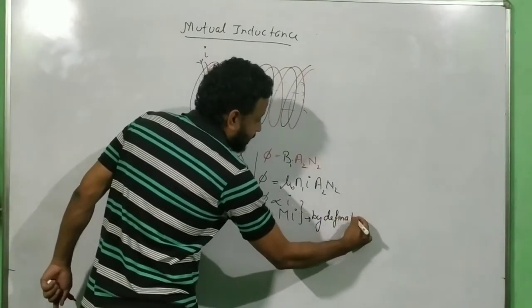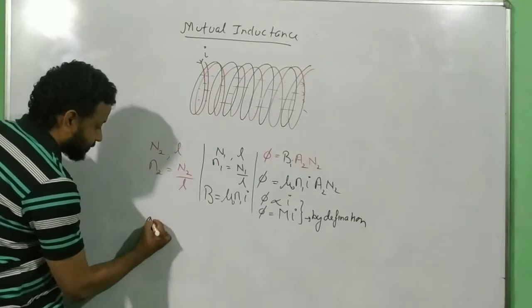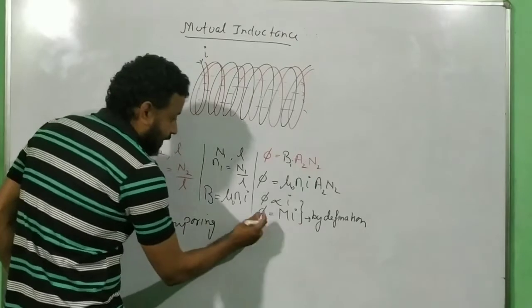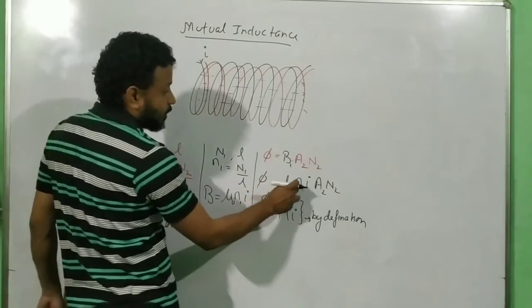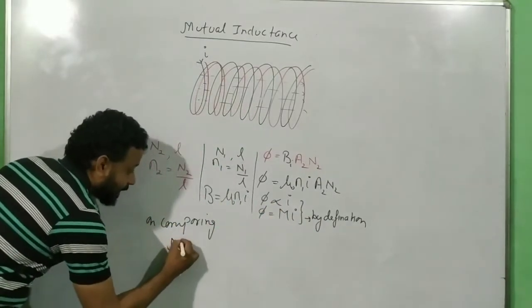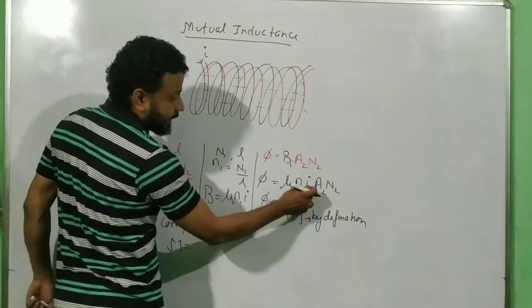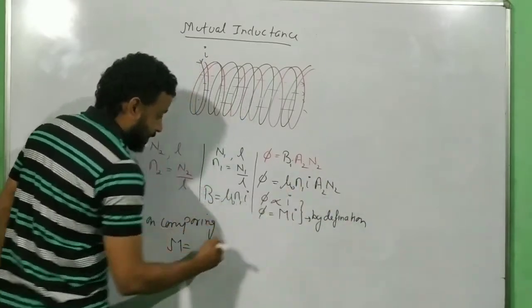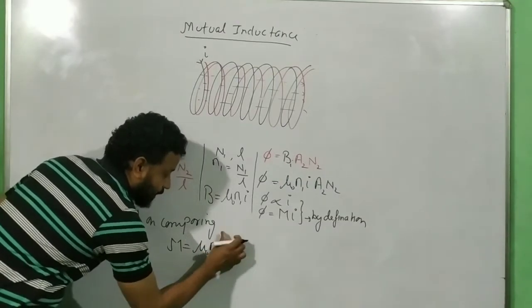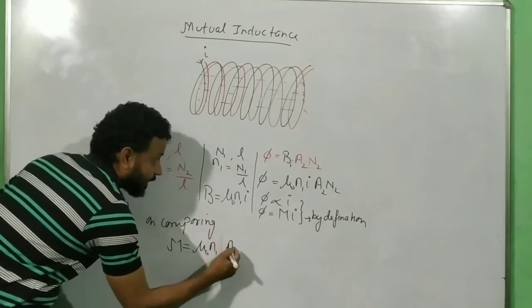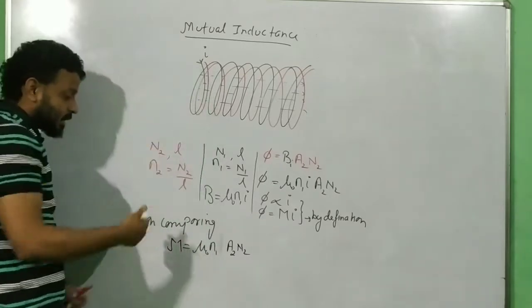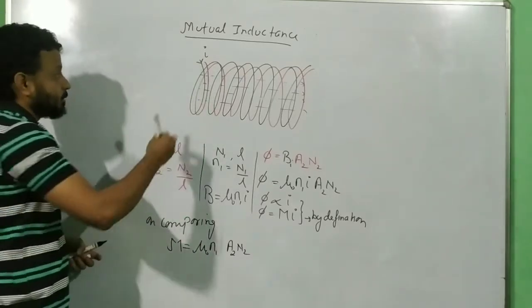On comparing, I have phi equal to mu naught n1 I A2 N2, and phi equal to M times I. So on comparing, what is M? There is an I on both sides, exclude the I. Whatever terms remain is M. So M is equal to mu naught n1 A2 N2.